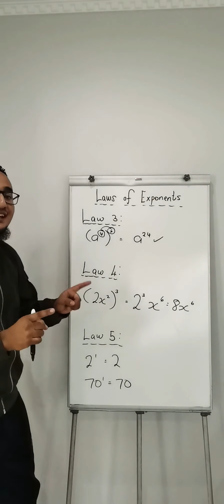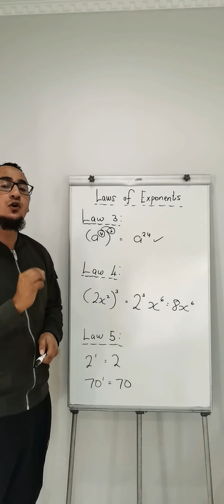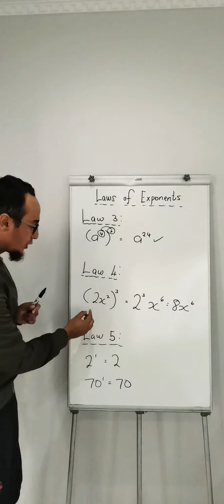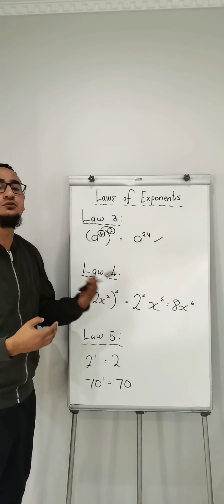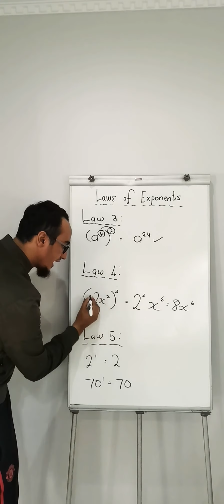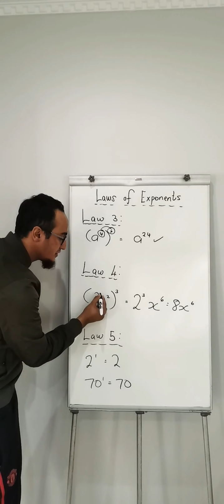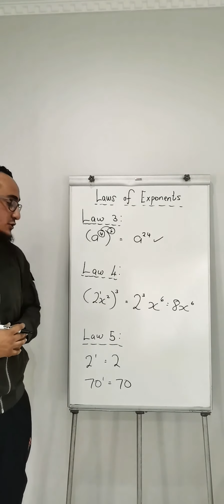Law number 4 is very similar. The only difference, it says when I'm multiplying or dividing inside of a bracket. Now over here, 2x squared. In a nutshell, that basically means 2 multiplied by x squared. So remember that 2 has no exponent over there. If it has no exponent, we need to know that that's going to be imaginary 1, and that is with regard to your coefficients as well.